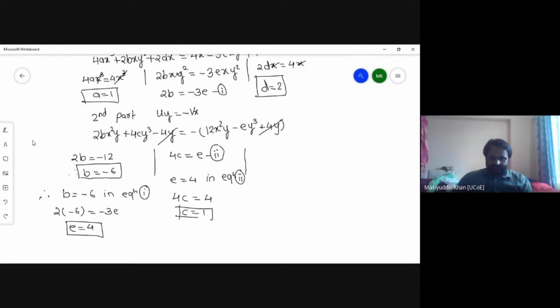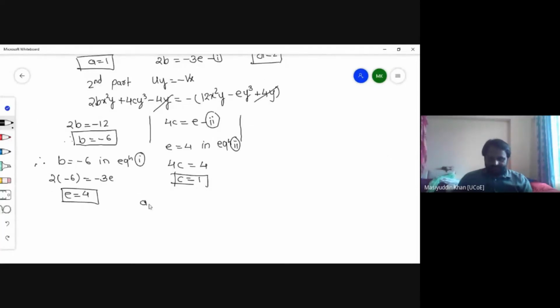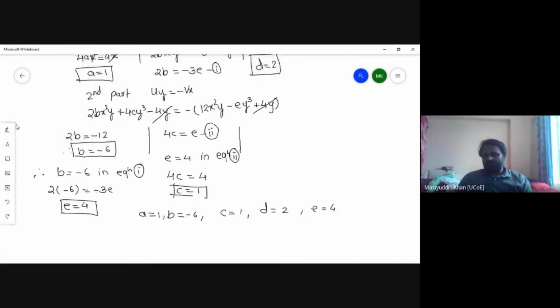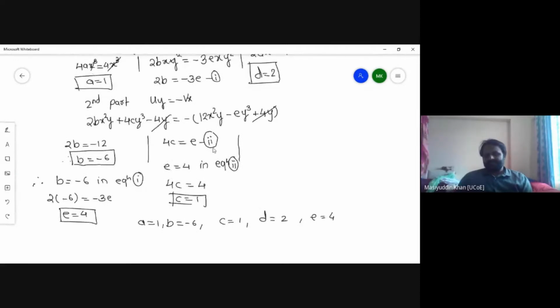So are you getting all the values here? That is a is equal to 1, b is equal to minus 6, c is equal to 1, d is equal to 2, e is equal to 4. So we got all the values a, c, d, and e.